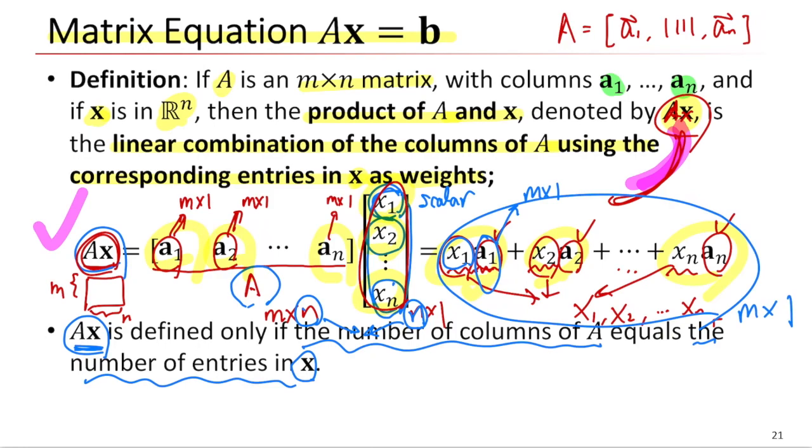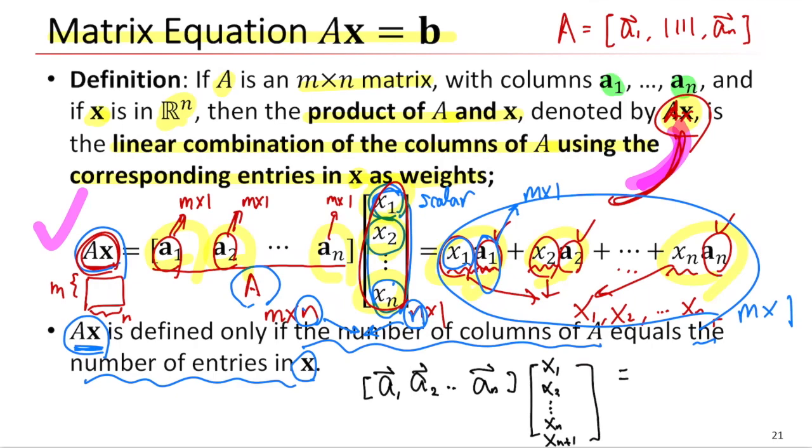So what does that mean? Let's say we have a column representation a1 through an, and there is a vector x1, x2 through xn, and xn plus 1. In this case, the size of the matrix is m by n, and the size of this vector is n plus 1 by 1.